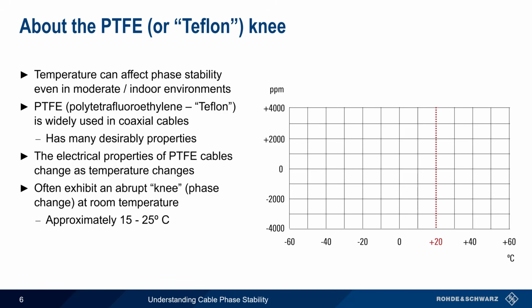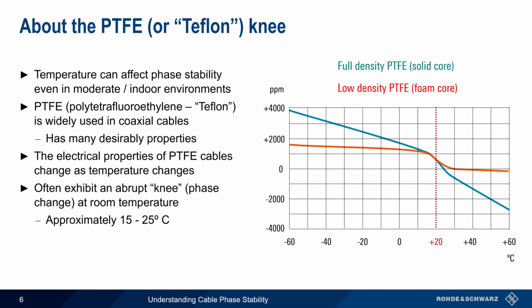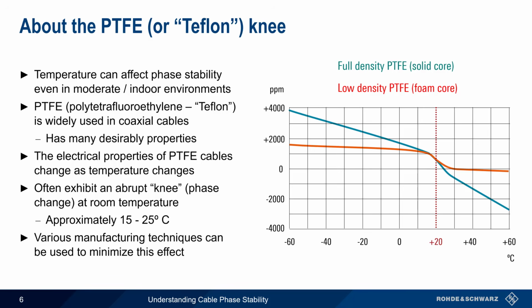This PTFE knee, or Teflon knee, is seen in cables with both a solid PTFE core and in cables with a more foam-like PTFE core. Recall that high-end cable manufacturers often differentiate their products based on phase stability, and thus there are various manufacturing methods, such as modifying the composition of the dielectric, that can be used to minimize the effects of this PTFE knee.